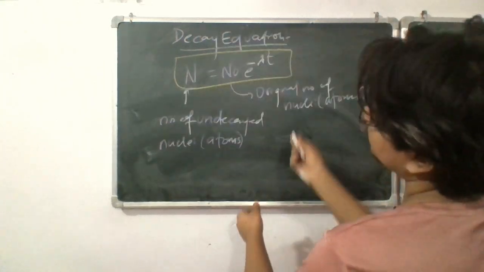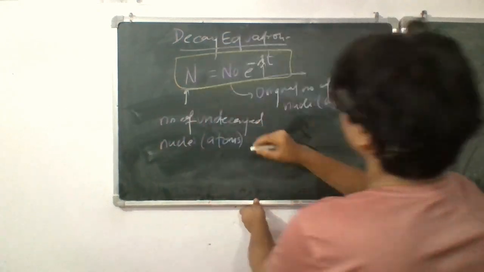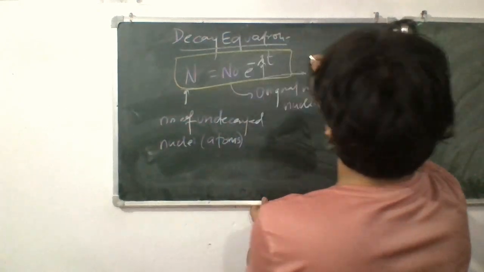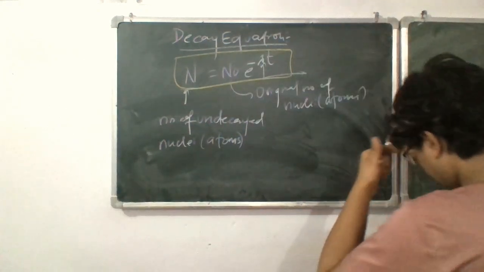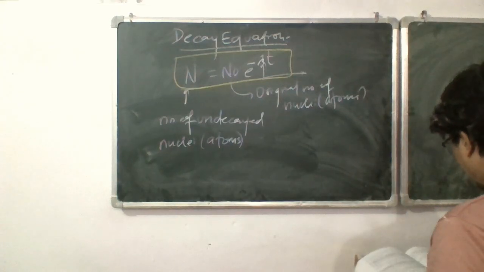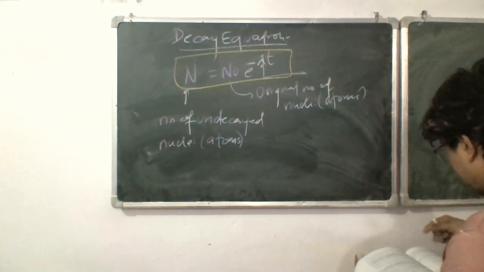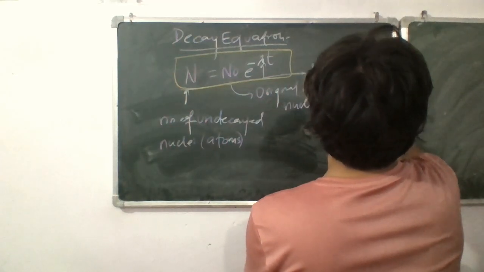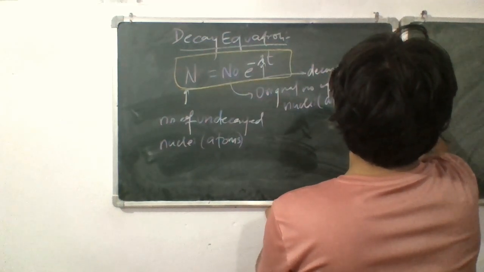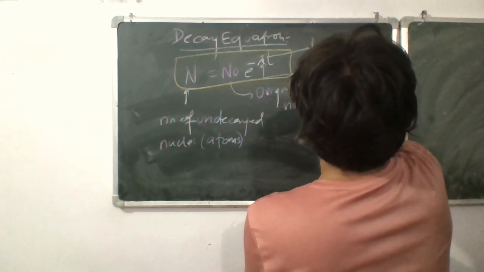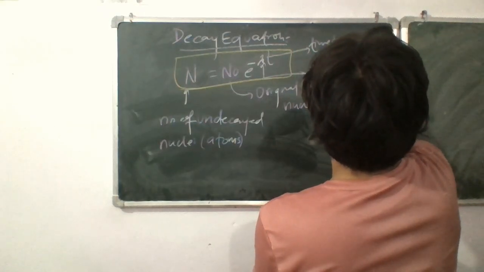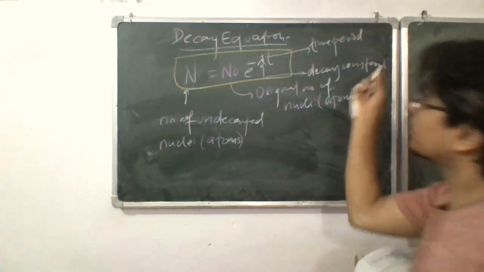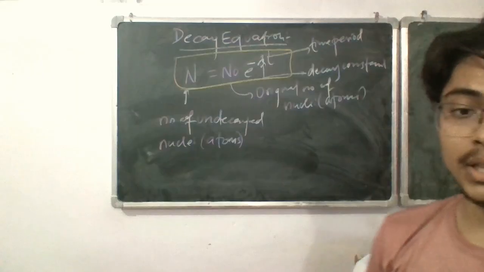And this lambda is what we call the decay constant, and this t is the time taken for the decay.